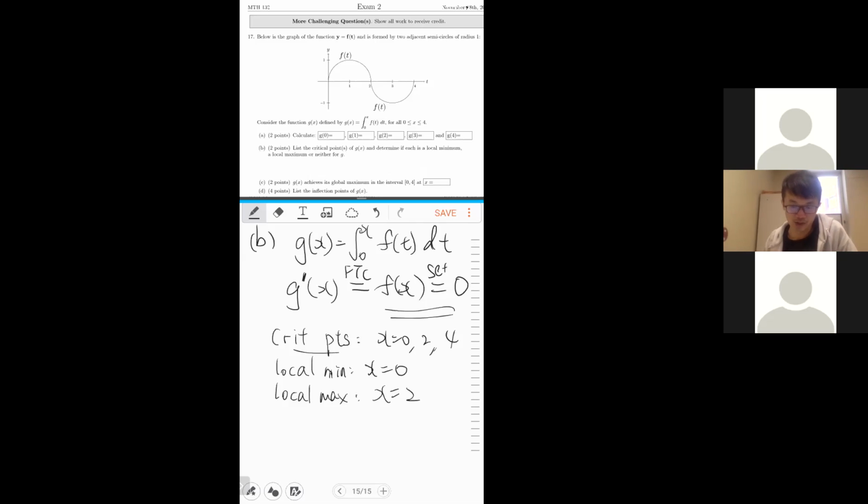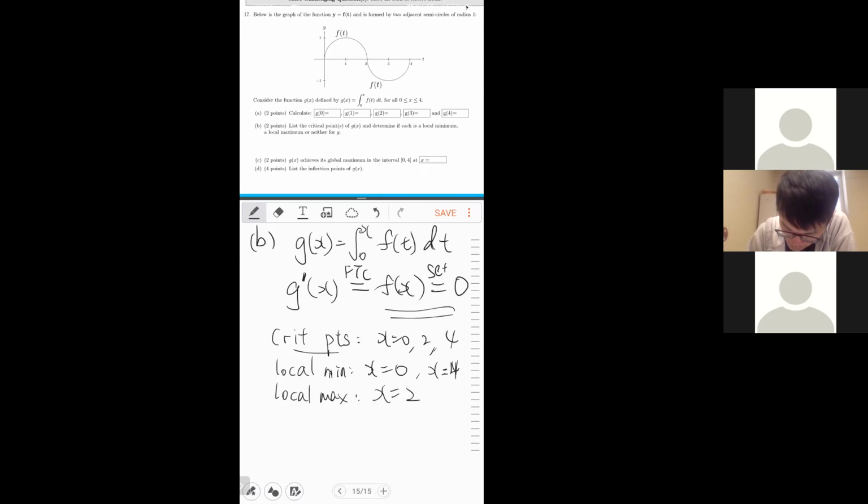The derivative to the right is negative, which makes x equals 2 a local max. And you can check that x equals 4 is also a local min. Is it okay?